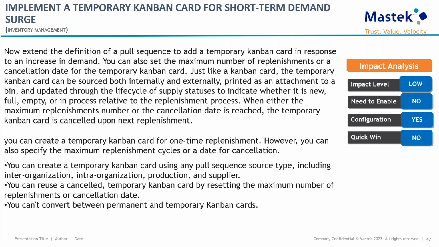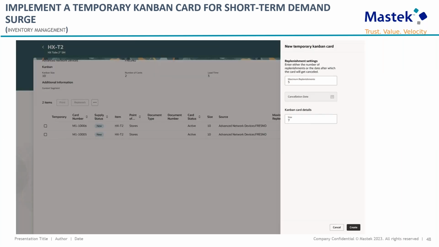You can now extend pull sequence to add temporary Kanban cards, set maximum number of replenishment or cancellation date as well, and manage just like a regular Kanban card. Once the limit date is reached, the Kanban is automatically canceled, giving you a flexible way to manage non-recurring material needs. This is how the page looks like.